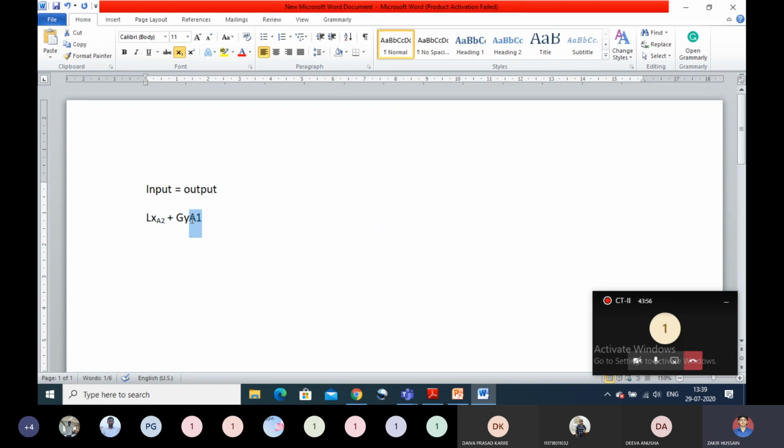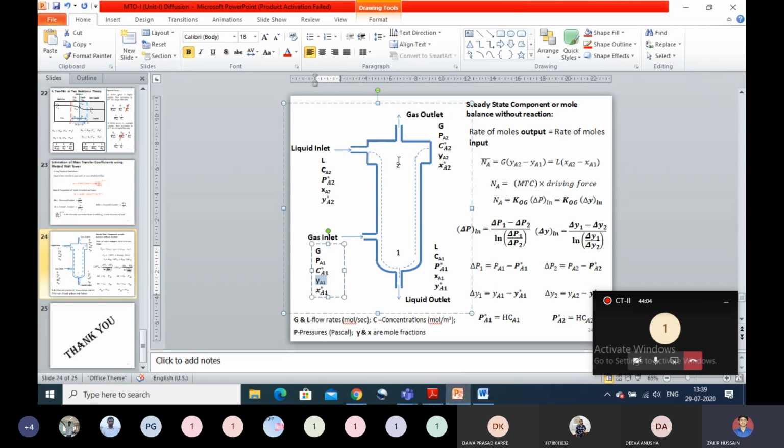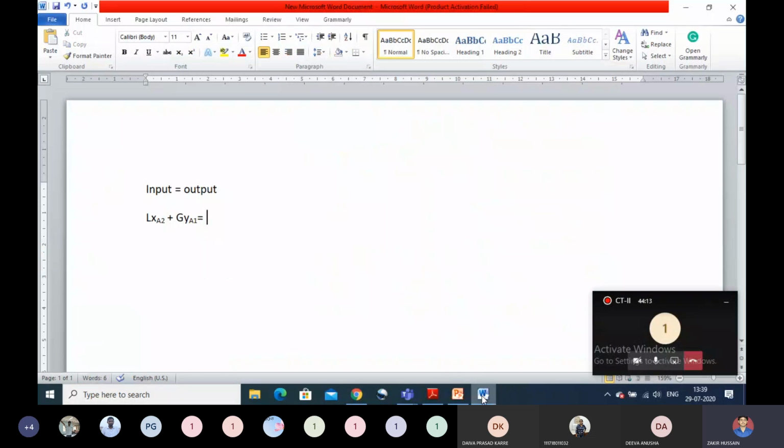This is small x, this is small y. So L XA2 plus G YA1 is equal to output. The output here is G into YA2, the output gas, and L into XA1, the output liquid.